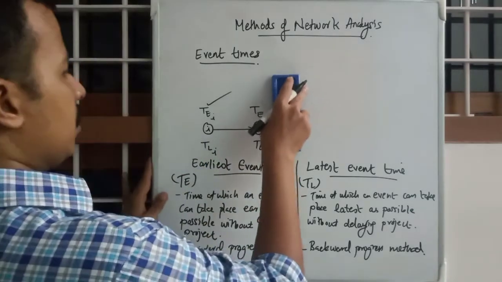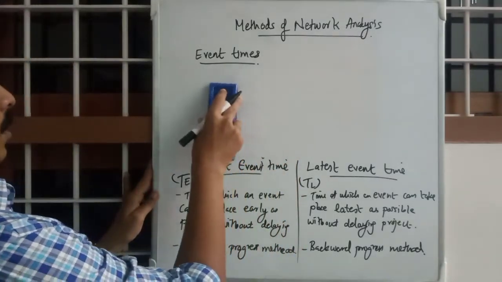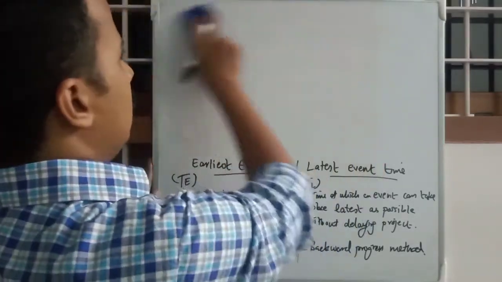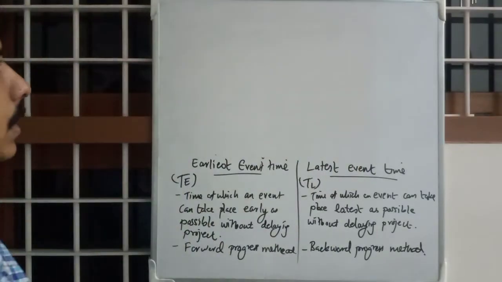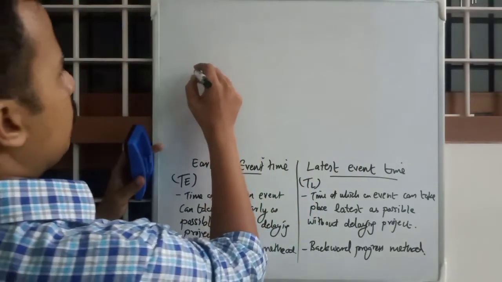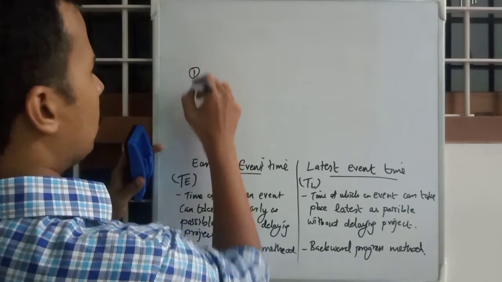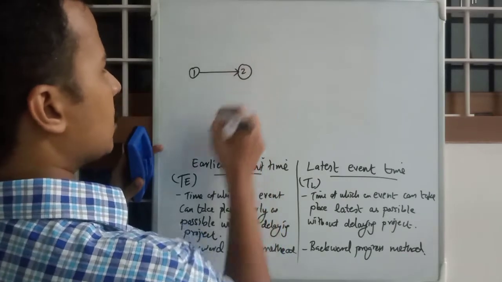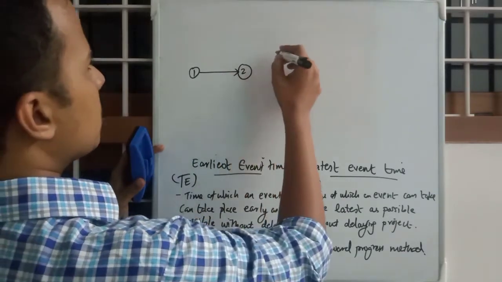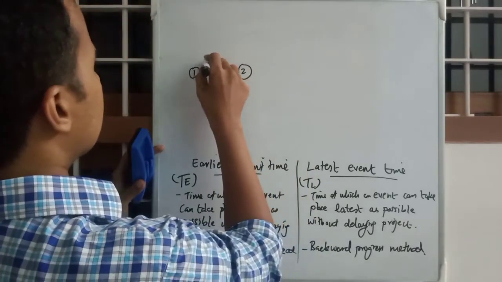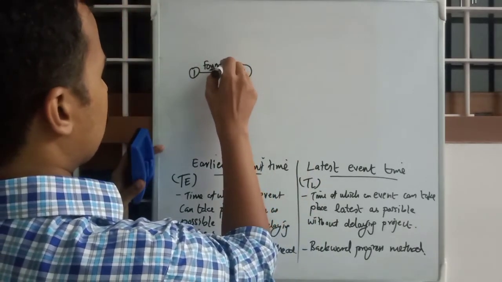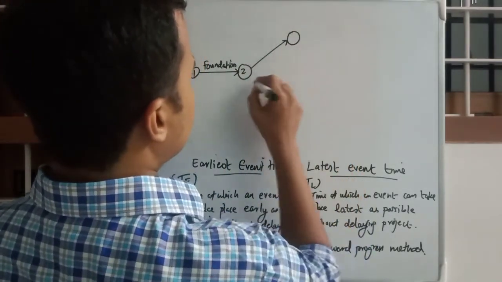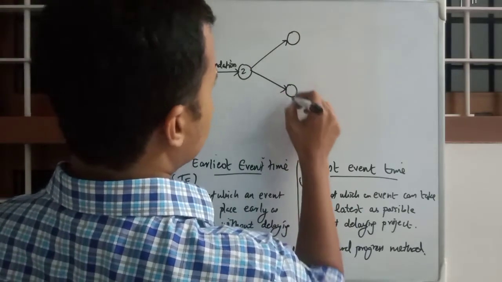So we'll get into a problem. Suppose this is event 1 and this is another event 2. This is an activity, and suppose this is foundation. This is another event, and this is another.